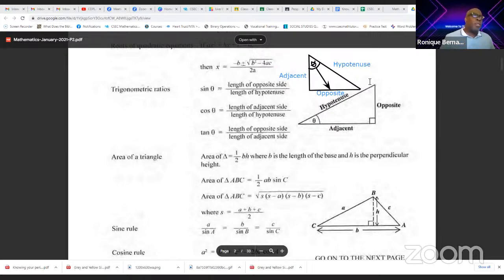Now, you might be asking, how do I know which of the trig ratios to use? There are two things. One, note the information given, that is the sides.